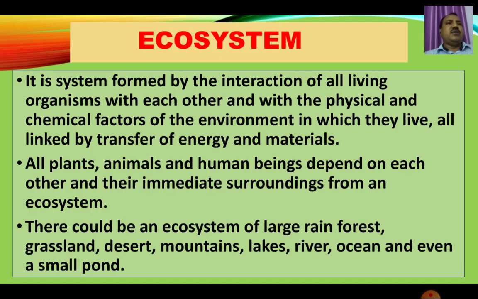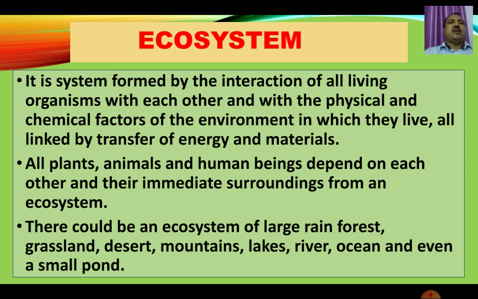The next is the ecosystem. It is a system formed by the interaction of all living organisms with each other and with the physical and chemical factors of the environment in which they live, all linked by the transfer of energy and material.